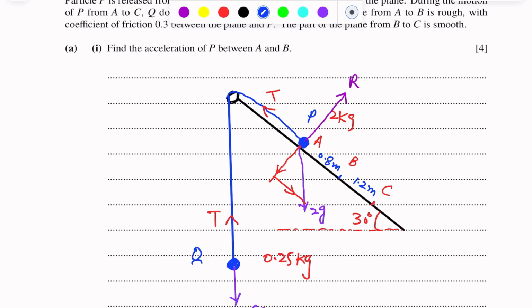Now these components of the weight: since this angle is 30 degrees, this angle is also 30 degrees. So the components are 2g cos 30 degrees, and this component is 2g sin 30 degrees.